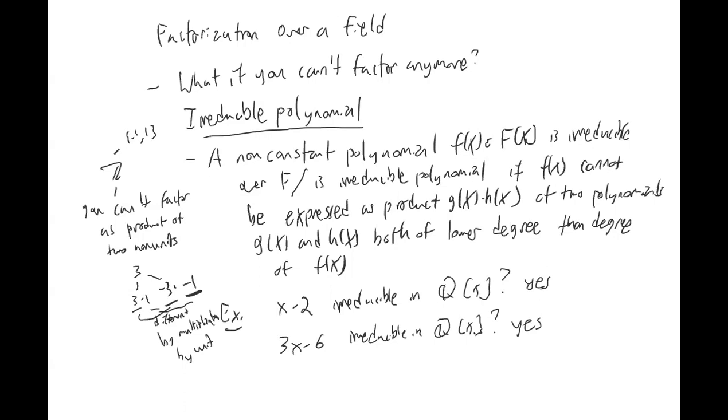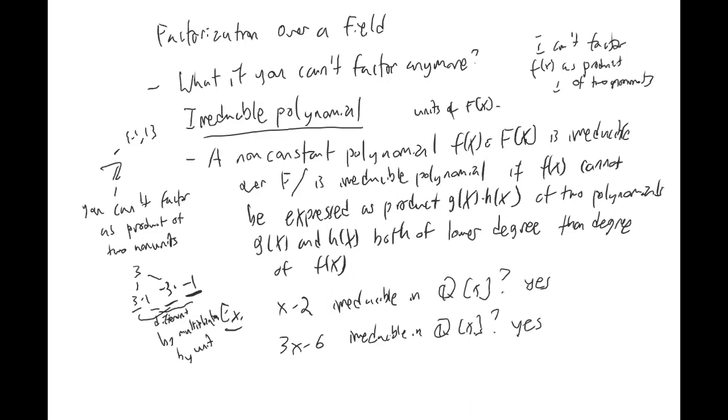So if I try to state this here, I can't factor f of x as a product of two non-units. So one of them has to be a unit. Well, the first question is, what are the units of f of x? Can anyone tell me?